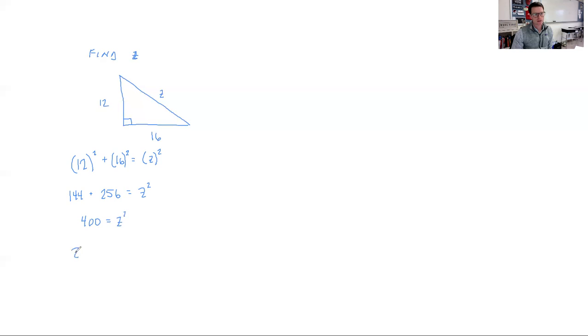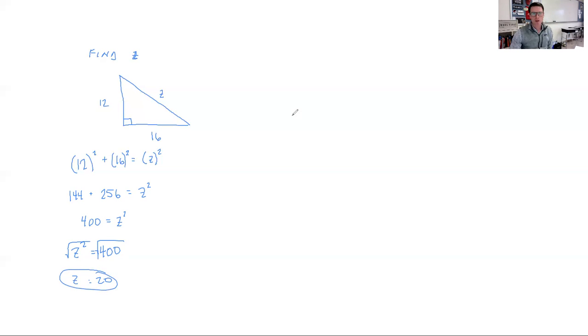So I'll flip that around. Here comes our math trick for morons. Because I've got to get Z by itself, to undo squaring, take the square root. And I balance it. So I get Z equals 20.